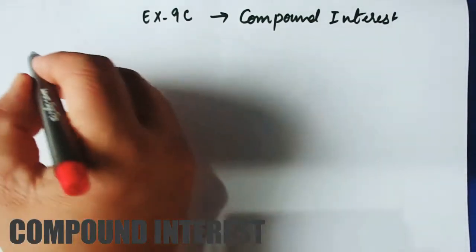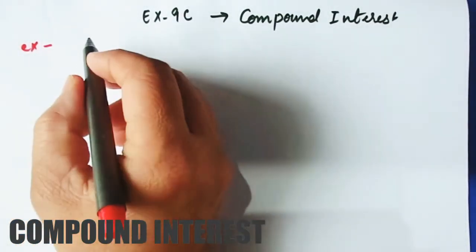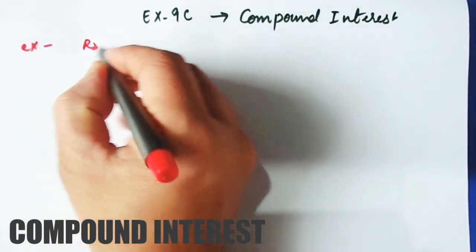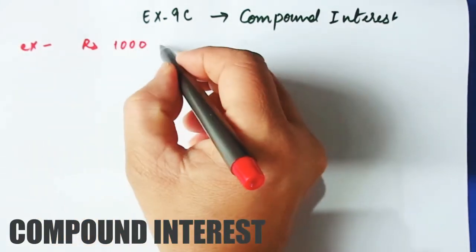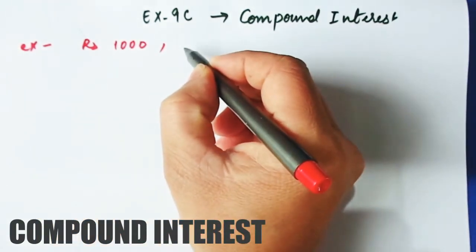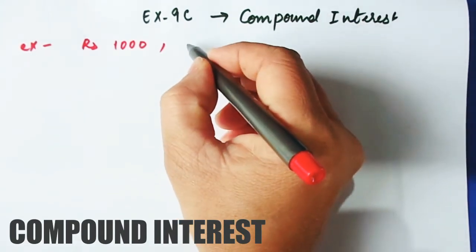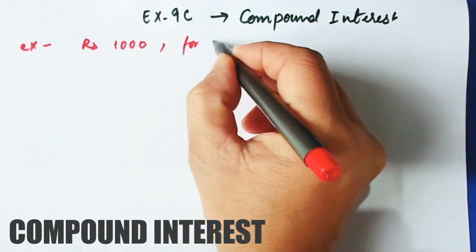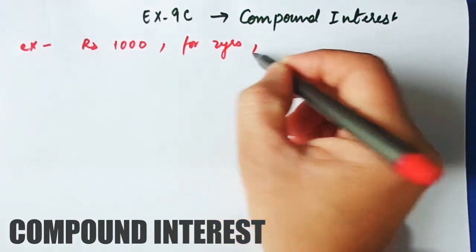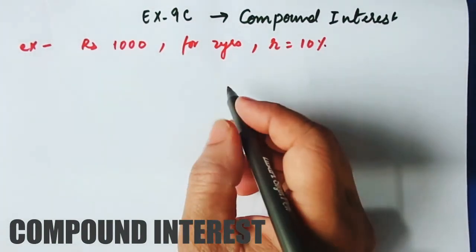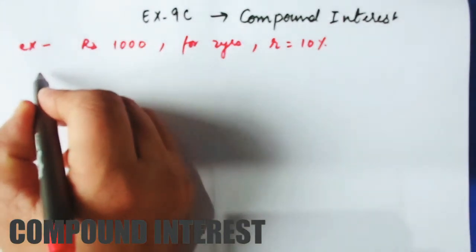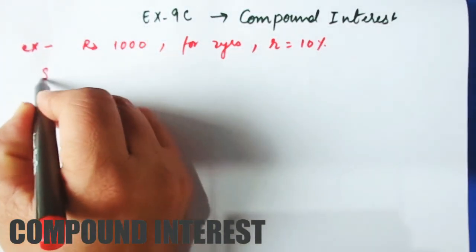For example, let us take an example of rupees 1000 only. If rupees 1000 is invested for 2 years at a rate of 10%, what will be the total simple interest?